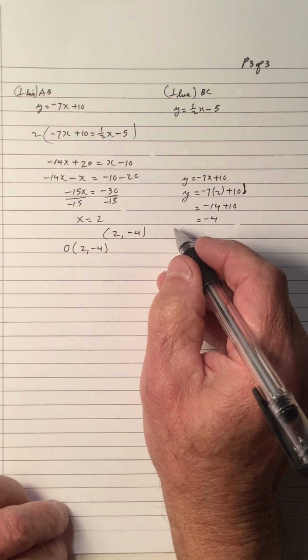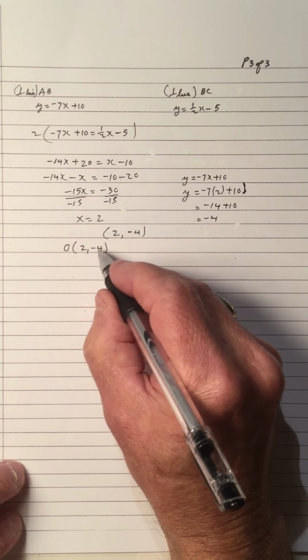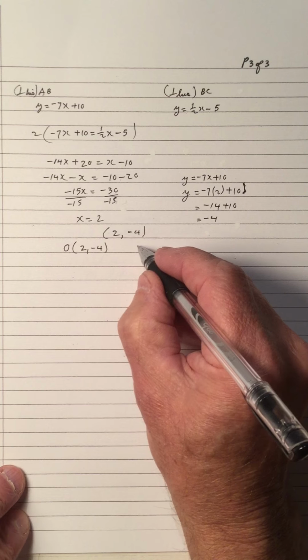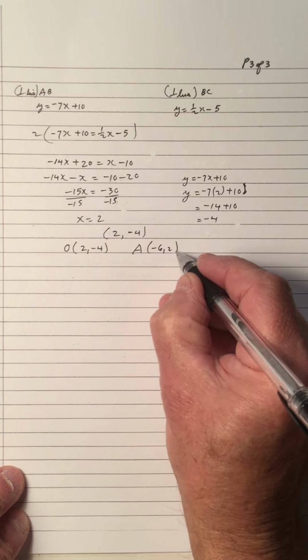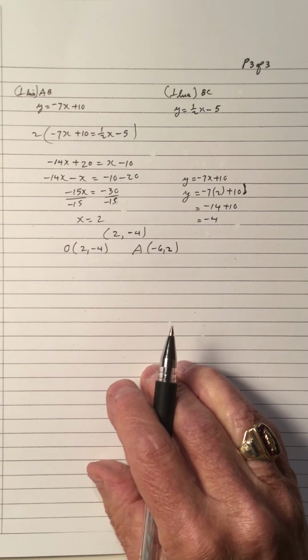So we found the intersection of the two perpendicular bisectors to be 2, negative 4, which is the center of the circle. Now, let's take the point A, which is negative 6, 2. And so let's go back to the original diagram.